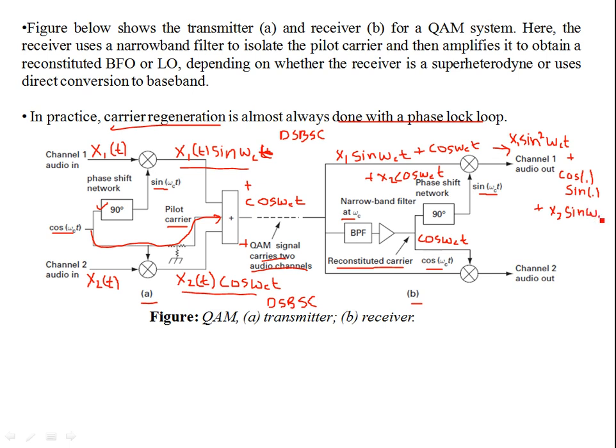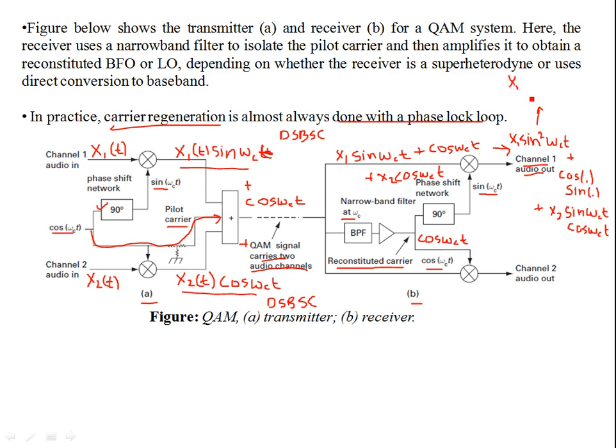So how do we extract the information that was originally transmitted, and how do we demodulate this? Well, you need a low pass filter over here to extract the channel 1 audio output. If you recall some trigonometric identities, this can be written as x1.